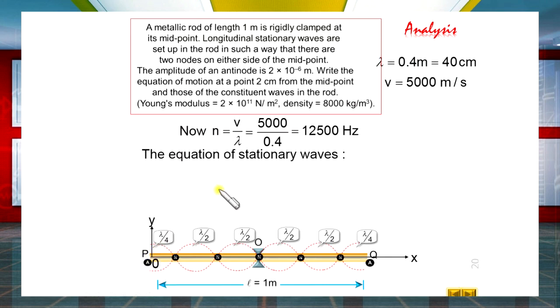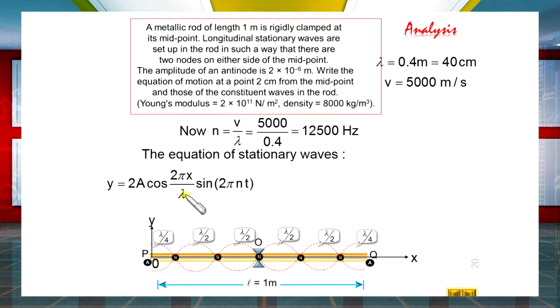So the stationary wave equation is 2a cos 2 pi x divided by lambda multiplied by sine 2 pi n multiplied by t. This is nothing but k equal to 2 pi divided by lambda. So this is 2a cos kx multiplied by sine omega t.